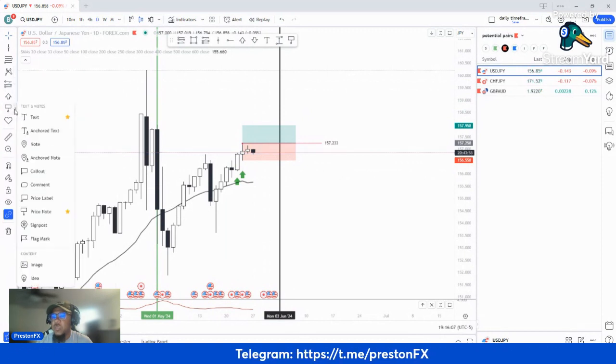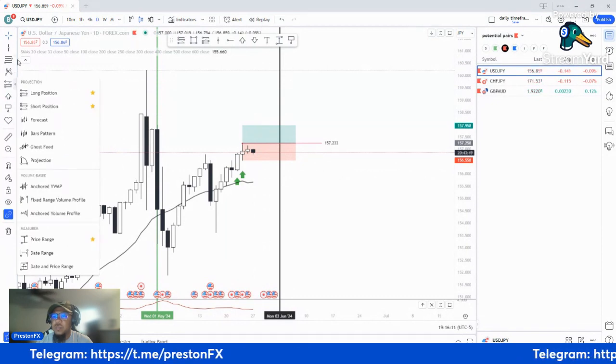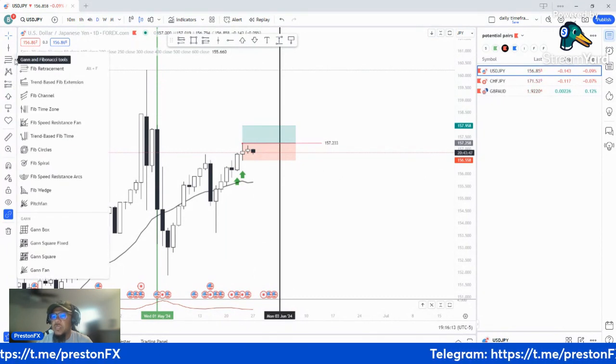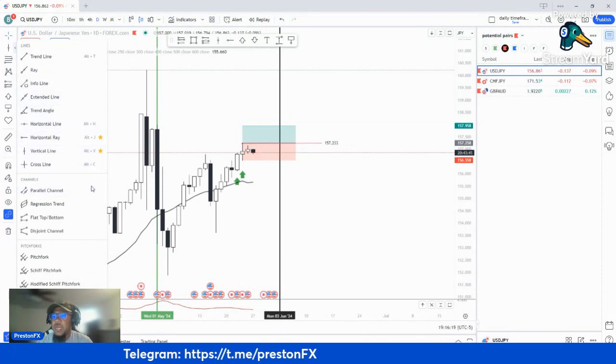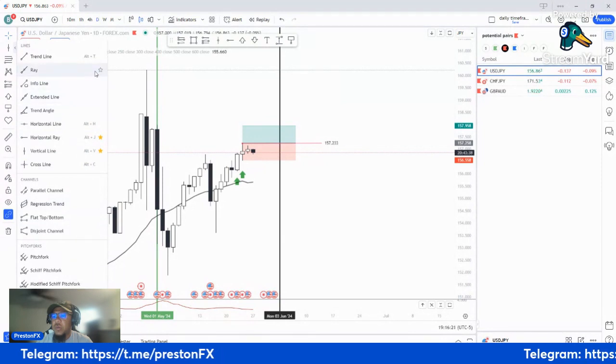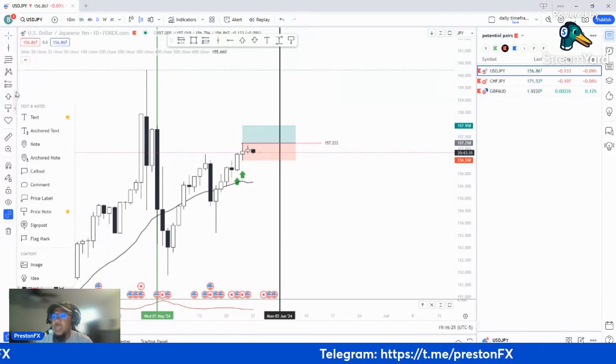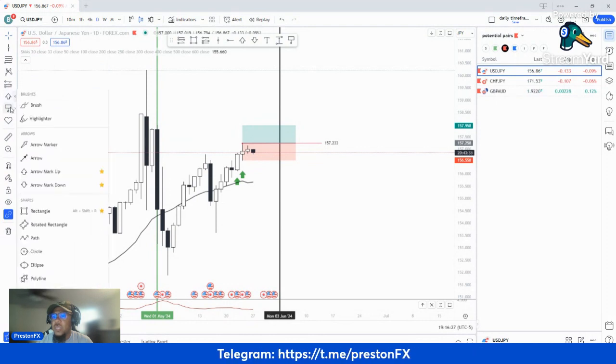Since we're always going into that, everything is potentially going upward. I'm speaking slow because I'm trying to see where my ray is at. Where is this tool at? Let's find this tool that I need. Here it is.